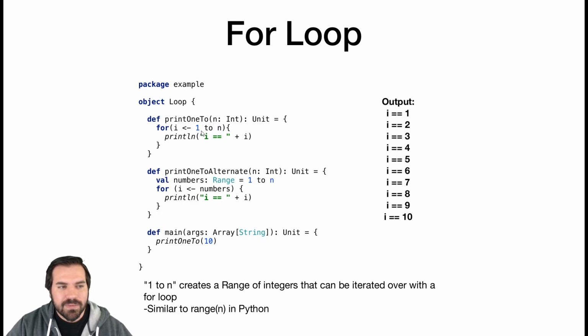And if I write this in a method, and of course we're going to start combining these, I call this method print1to, print1to(10). This n is going to be 10. For i in 1 to 10 is going to print the values 1 to 10, since I'm just printing in this example.